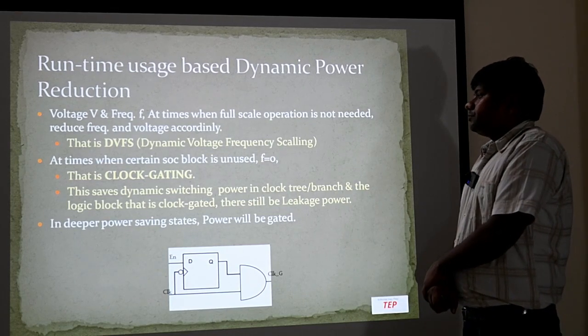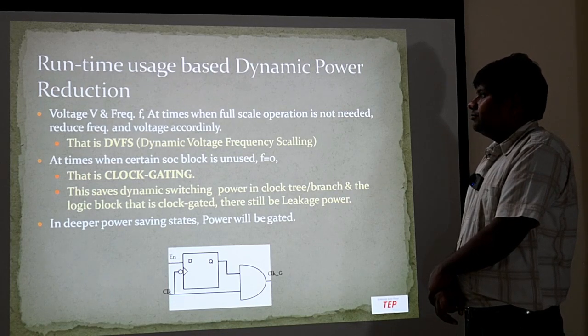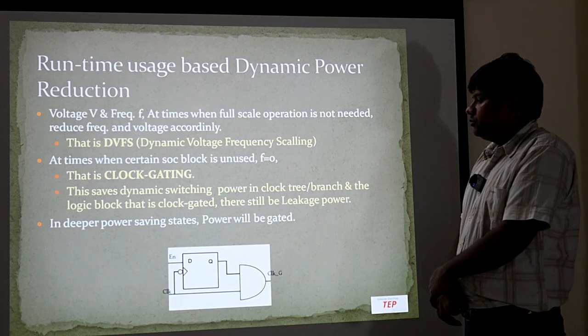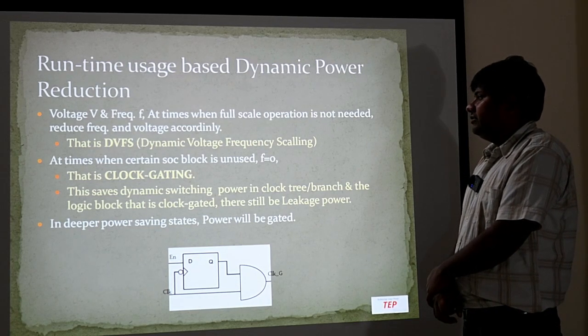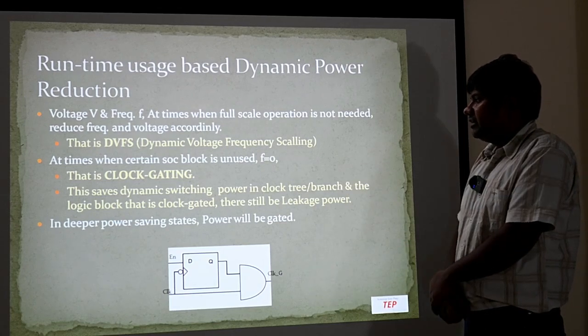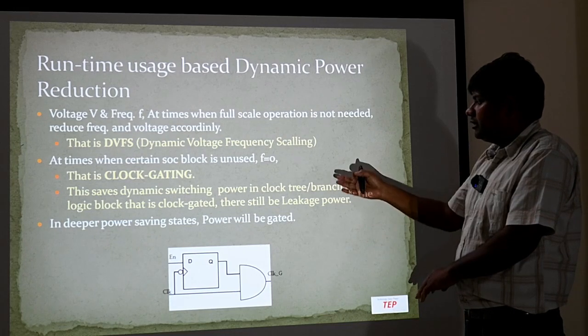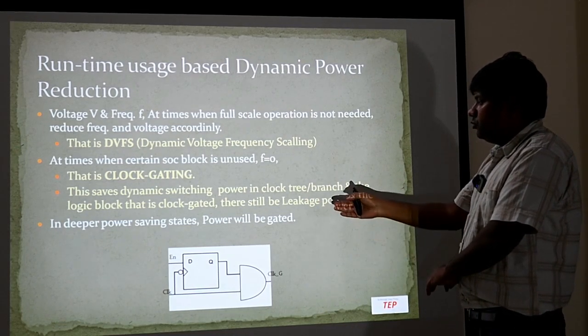So power management controllers, at runtime, use these techniques to reduce the overall power consumption. In DVFS we use clock gating and switching power reduction, and in the deeper power states we do power gating.